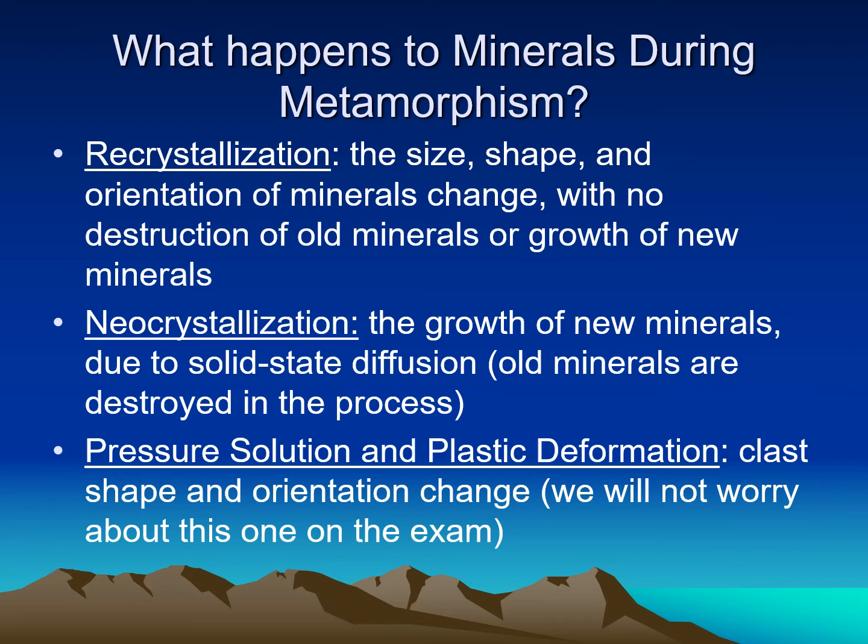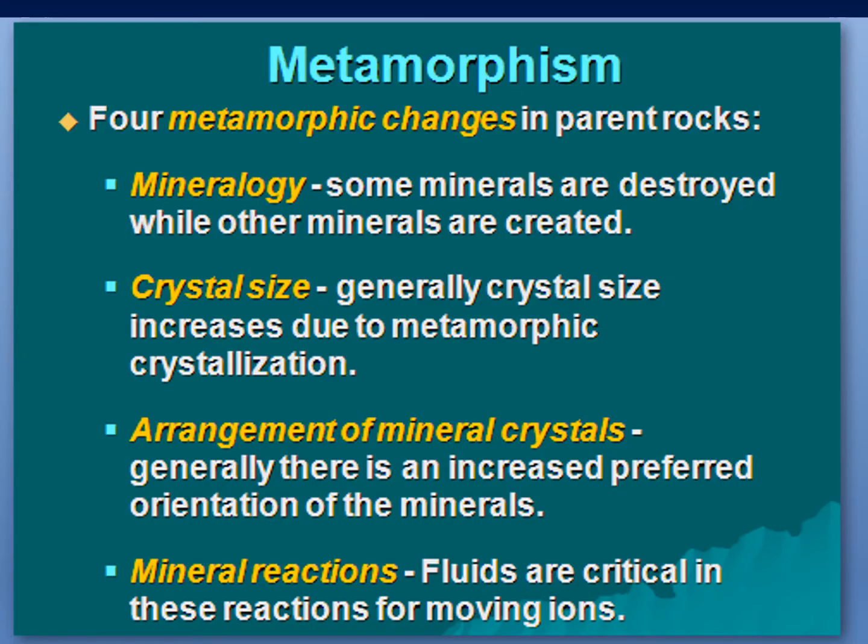So the shale, the parent rock, sedimentary rock, a bunch of clay minerals pressed together, is going to turn into garnet mica schist. How does that happen? Well, you're going to form micas, muscovite and biotite, and garnets. But in that process, you're destroying the clay minerals. And again, pressure solution and plastic deformation. Well, those are fun, but those would be more useful in a structural geology class.